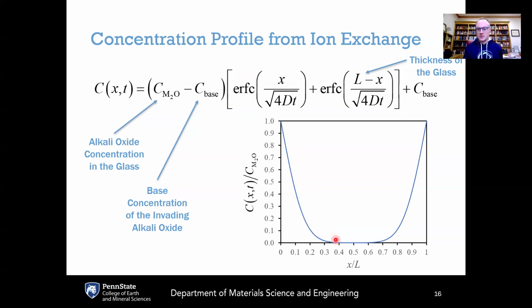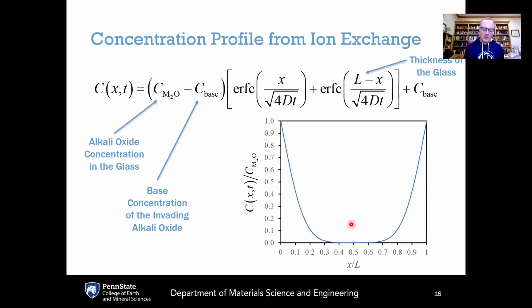And that's because the assumption here on this plot is that there's no potassium initially in the glass itself, that this glass is just sodium oxide in terms of its alkali content, and then that sodium oxide gets replaced by potassium as it comes in. However, if you have some potassium oxide in the initial glass concentration, instead of decaying all the way down to 0, it would decay down to whatever the concentration of the potassium oxide is in that initial glass.